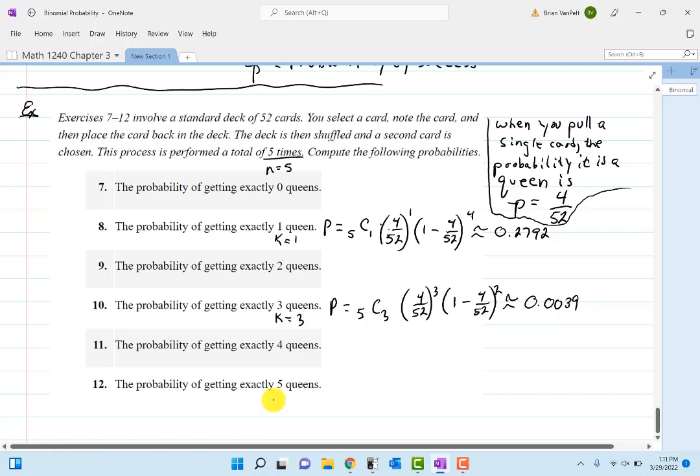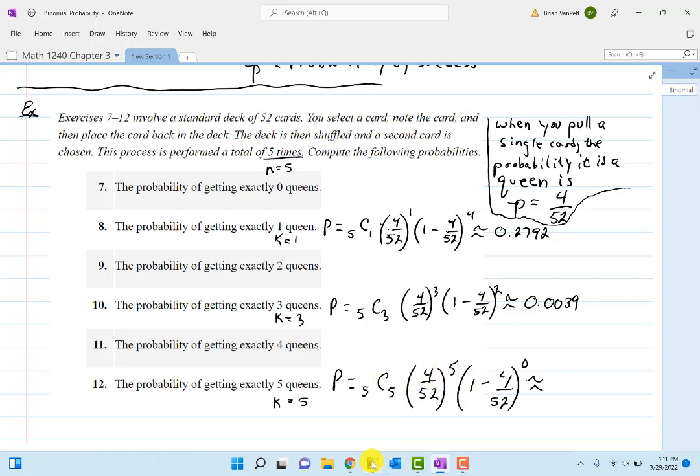What is the probability of getting 5 queens? So K is equal to 5 here. So P will equal 5C5 times 4 over 52 to the 5th power times 1 minus 4 over 52 to the 0 power. And you can see this will be our smallest possible percentage because this last piece is 1, this first piece is 1, and we're taking a very small number and raising it to the 5th power.